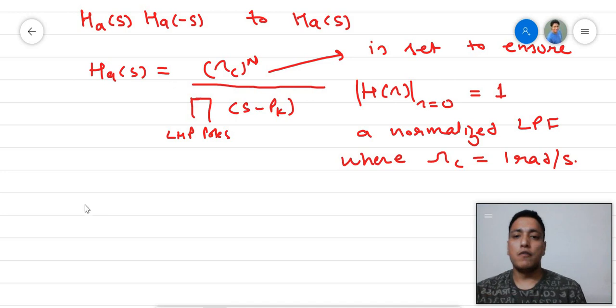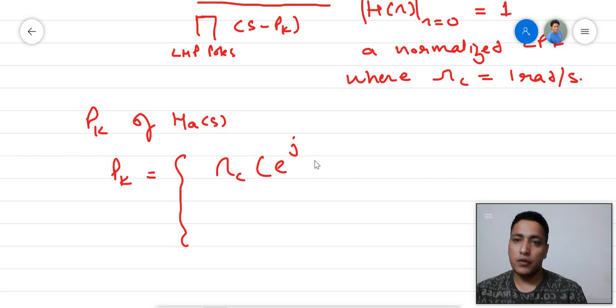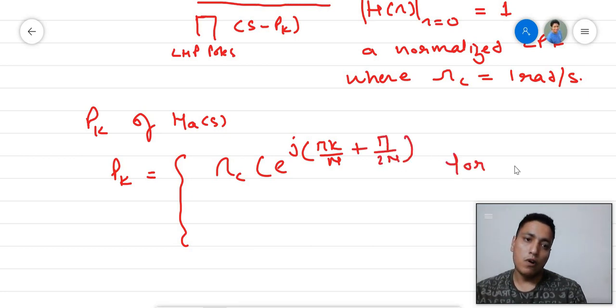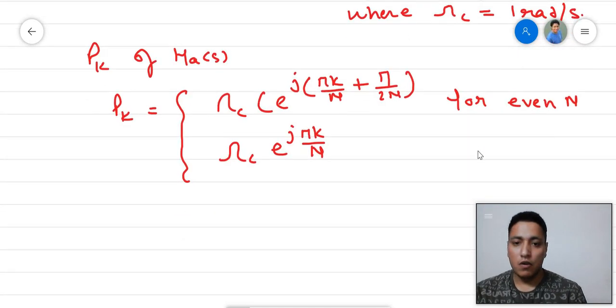Now with this we can write poles pk of HA(s) as pk will be equal to omega c exponential j pi k by n plus pi by 2n for even n, and omega c exponential j pi k by n for odd n.